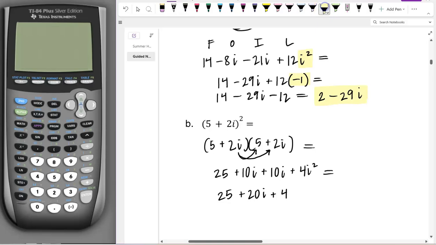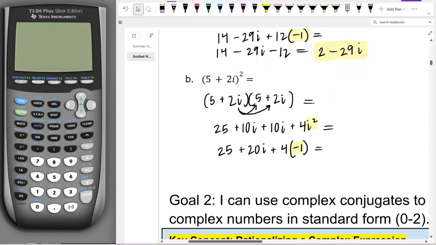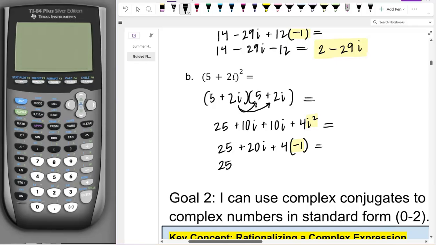And again, i squared needs to be substituted with a negative 1. So we can simplify this to be 25 plus 20i minus 4. Now we can combine our real numbers. 25 and negative 4 makes 21. So we have 21 plus 20i as our final answer.